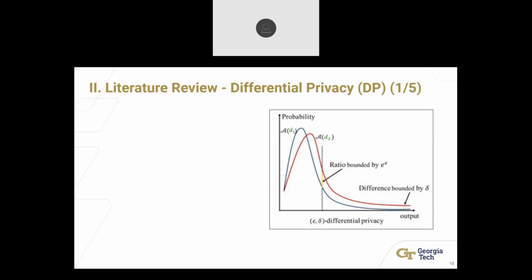If this randomized algorithm is strong enough, the distance between the randomized D1 and D2 will be much smaller. That means more privacy has been preserved. So that's the intuition about differential privacy. We want to measure how strong the randomized algorithm is at perturbing this data, so that this information cannot be distinguished.